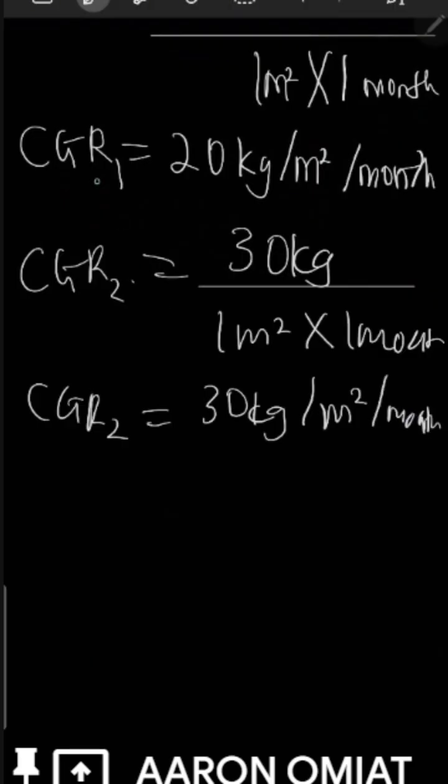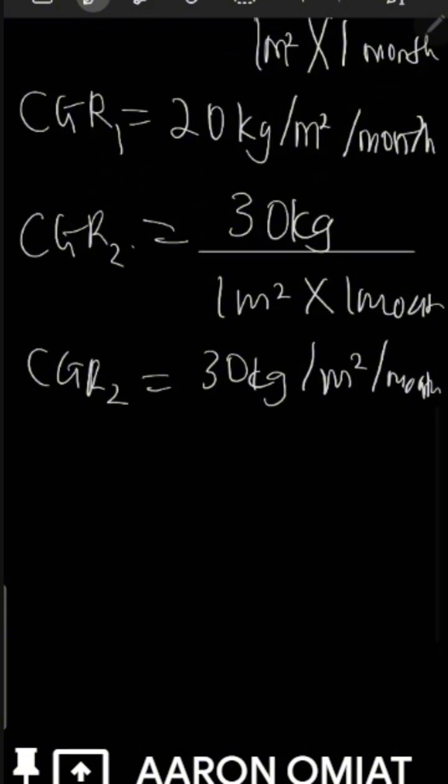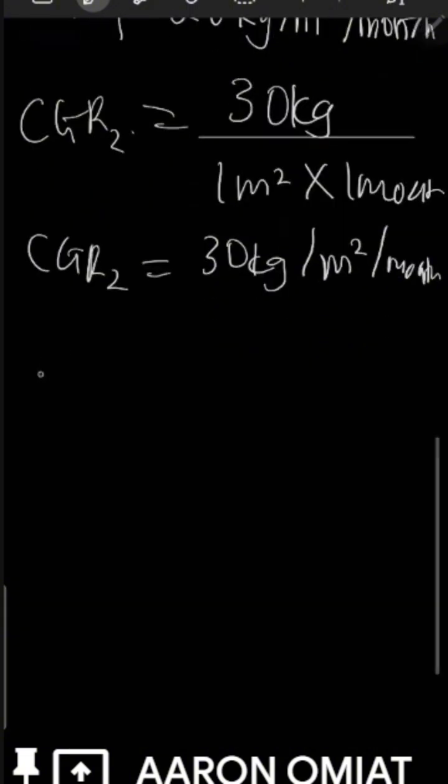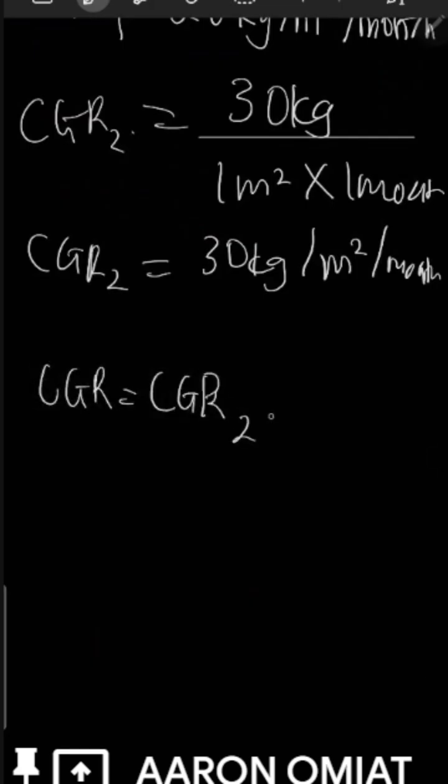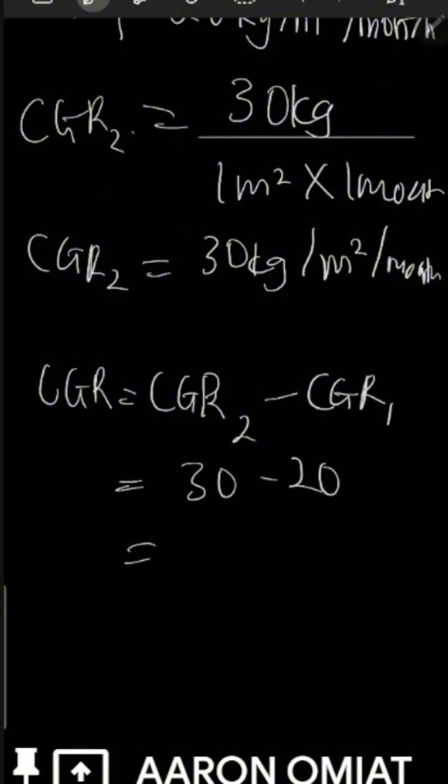Now we want to see between month 1 and 2, how much did the plants grow? So we shall say the CGR shall be CGR2 minus CGR1, which gives us 30 minus 20, which is 10 kilograms per meter squared per month.